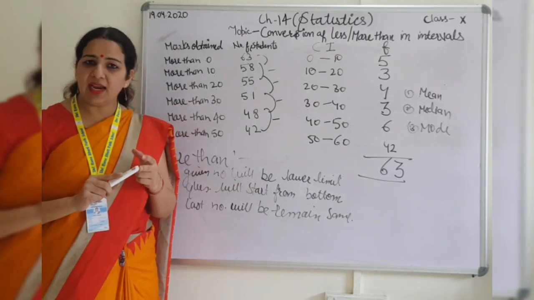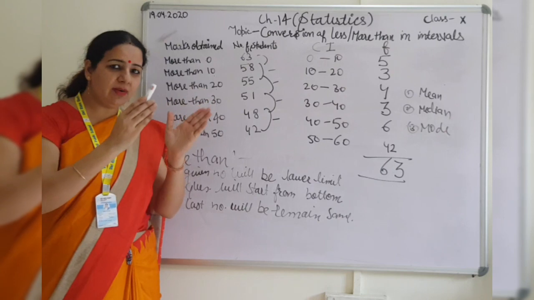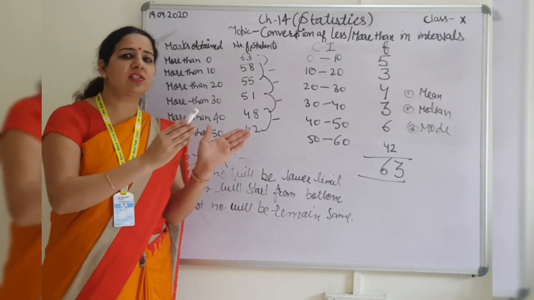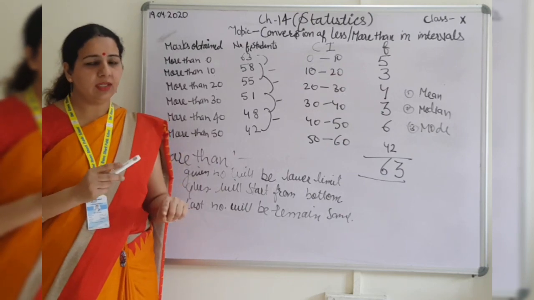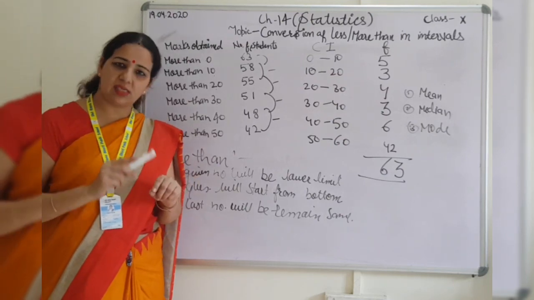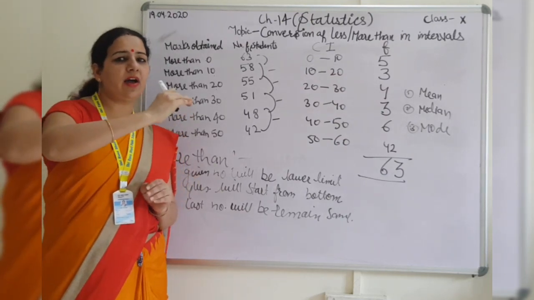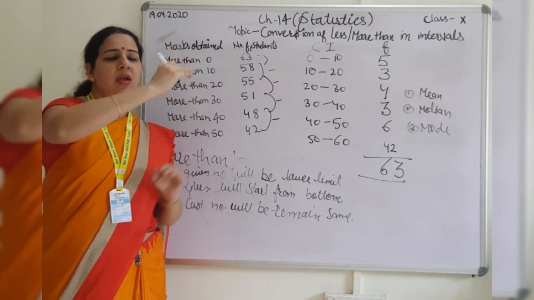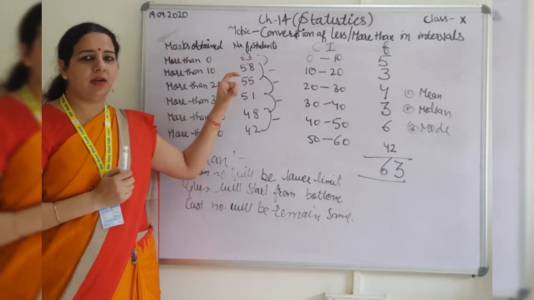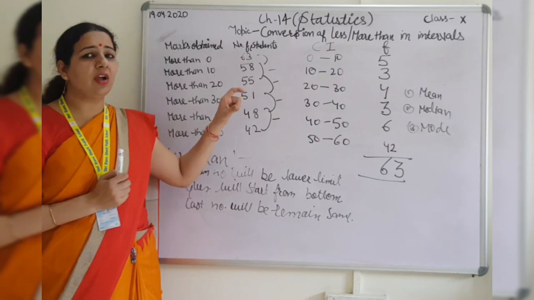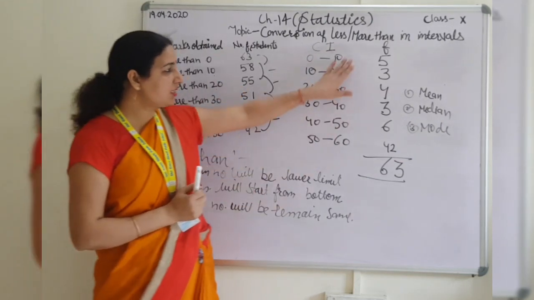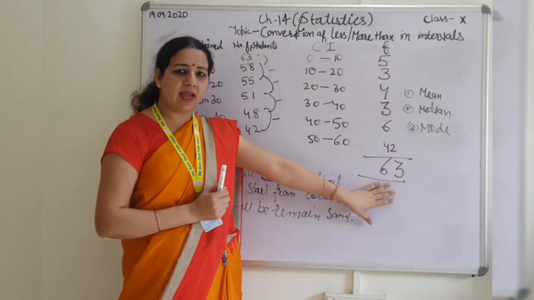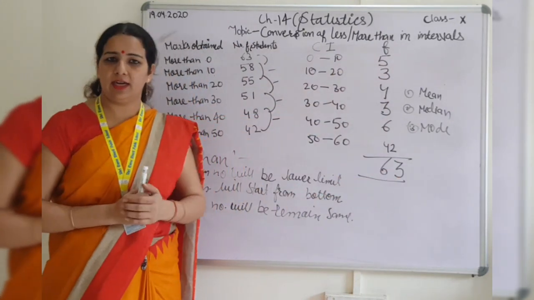In more than type, the number given with more than will work as the lower limit and the question will start at the bottom. The last number will remain the same. After that, we just take the difference of two consecutive numbers. So this is how we are able to convert less than and more than into intervals.